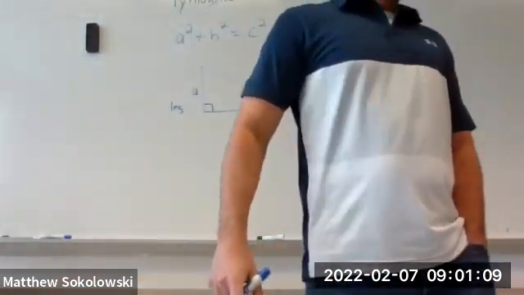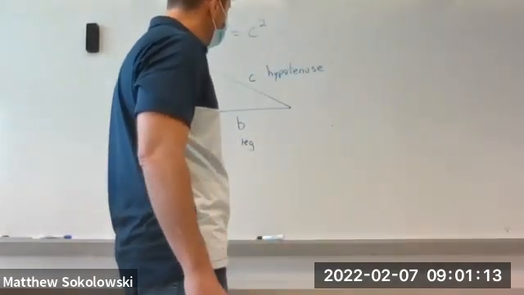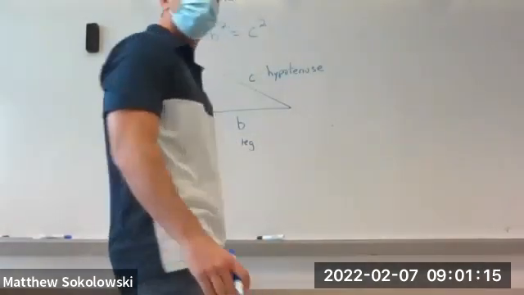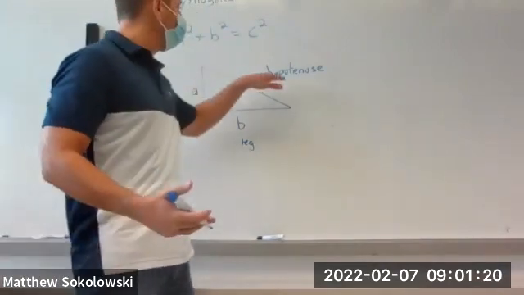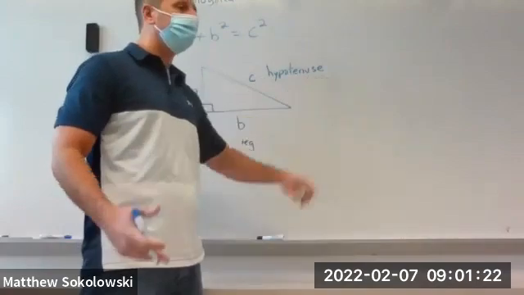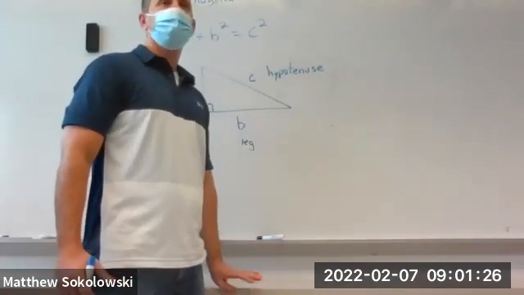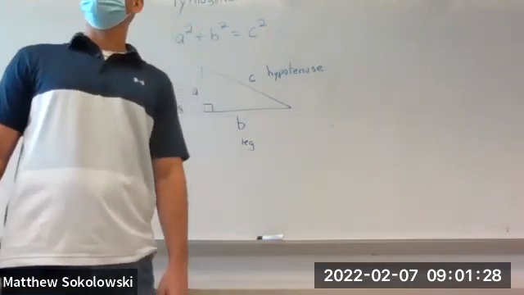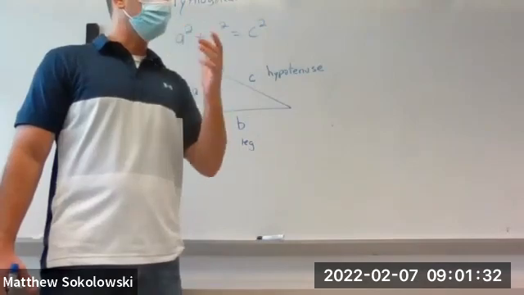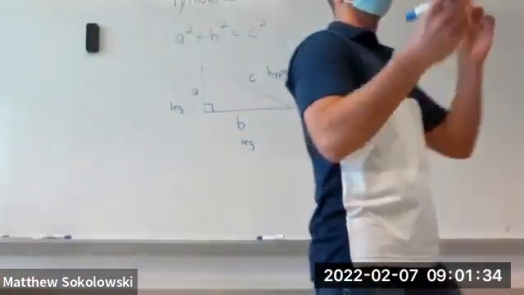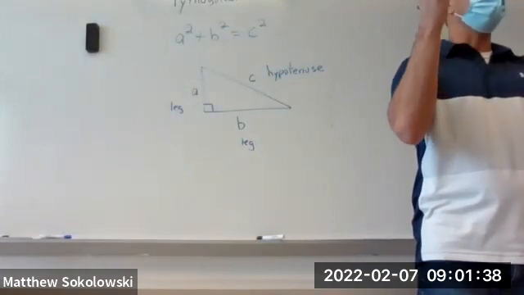How do you spell it? I think that's how you spell it. Am I wrong? Now you got me thinking. Hypotenuse. What's the plural of hypotenuse? Is it like moose?